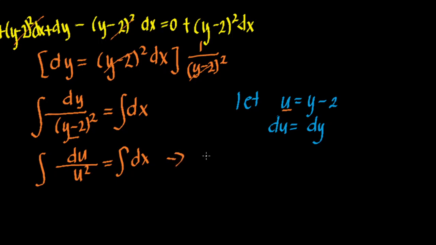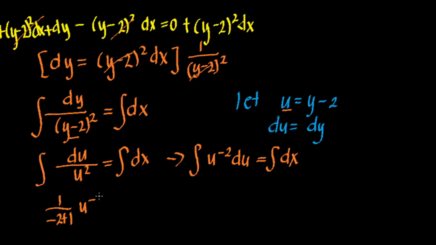Then taking the integral of du over u squared is just u to the negative 2 du, and we have the integral of u to the negative 2 du is just 1 over negative 2 plus 1 times u to the negative 2 plus 1.